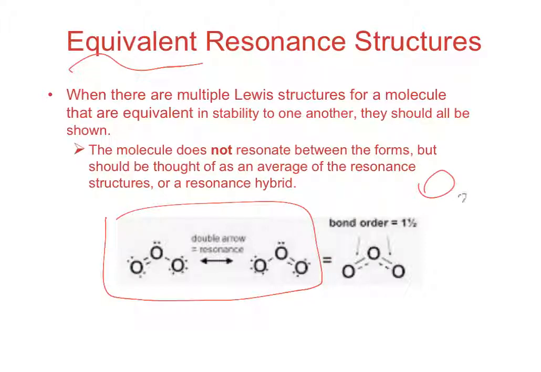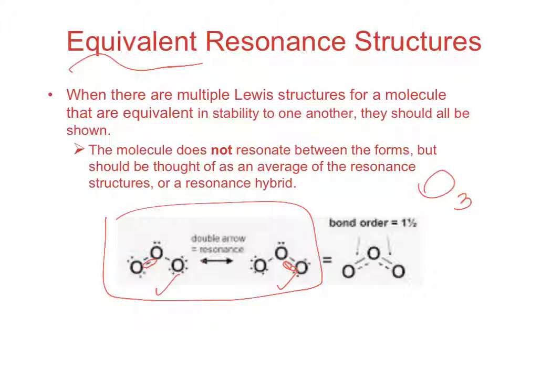Okay, so if you look at O3, and that's formed from oxygen in our upper atmosphere, you have two entirely equivalent resonance structures, and that's just moving the double bond between the two oxygens from one side to the other. And so these are equivalent resonance structures, so I want you to understand what they represent.